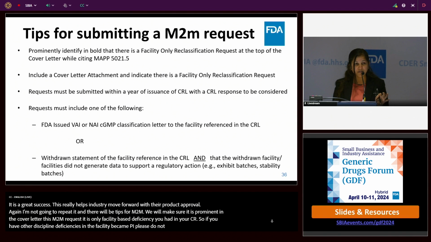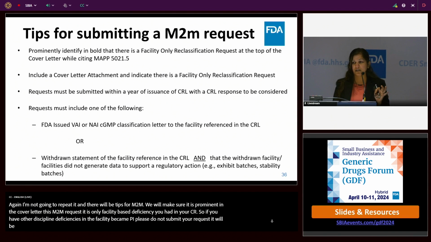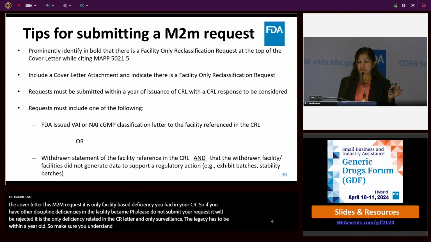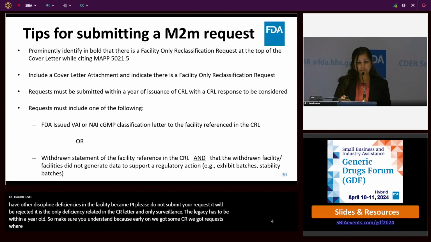It has to be only the facility deficiency remaining in the CR letter, and it has to be only surveillance. The CR letter has to be within a year old, right? Make sure that you understand, because early on we got some M2M requests where the CR letters were issued much before a year. We are not accepting those.